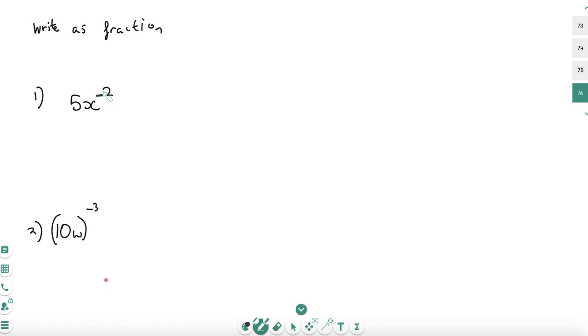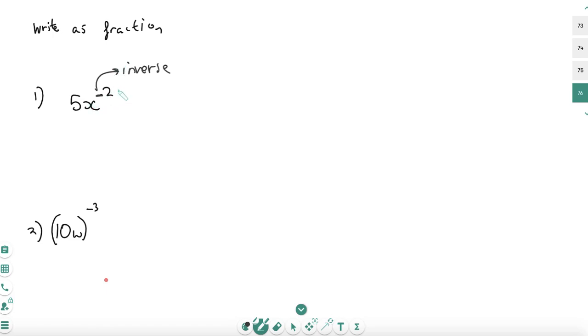They say, oh, there's a negative indice, so we're going to find the reciprocal, the inverse. So they say 5x as a fraction is 5x over 1, so they flip it to 1 over 5x, and then the 2 becomes positive. That's wrong, okay? Here's why.